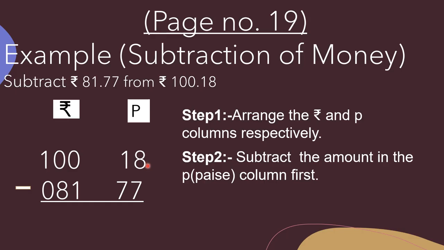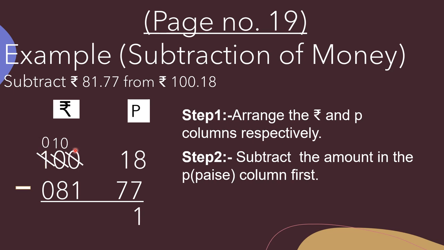Here it is given 8 minus 7, that is equal to 1, and 1 minus 7 is not possible, so here we need to take borrow. This 1 will take borrow from 0, but it doesn't have anything. So first of all the leftmost 0 will take borrow. So this 0 will become 10 and this 1 will become 0.